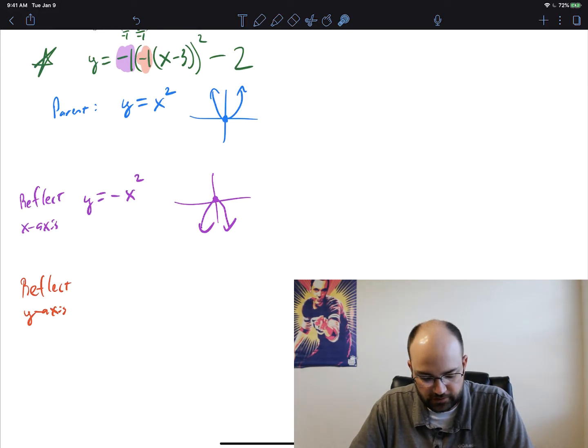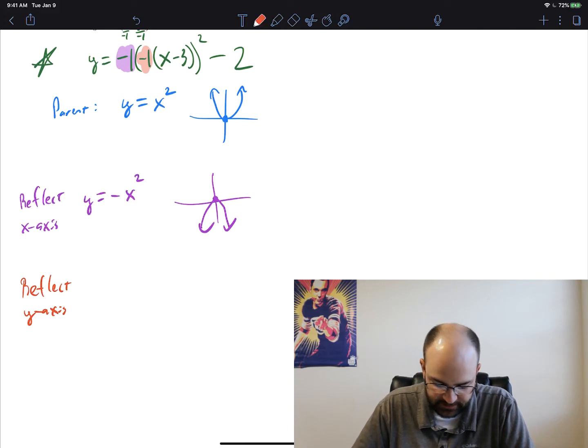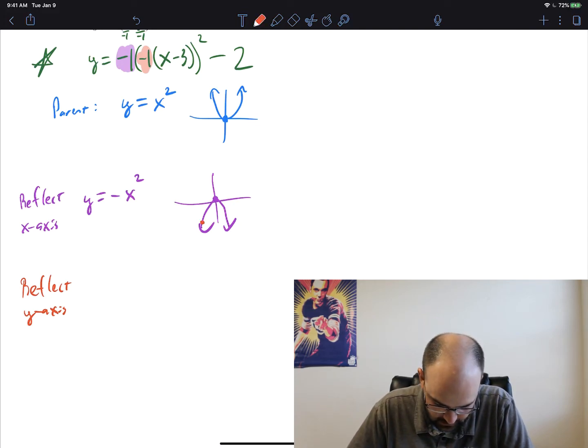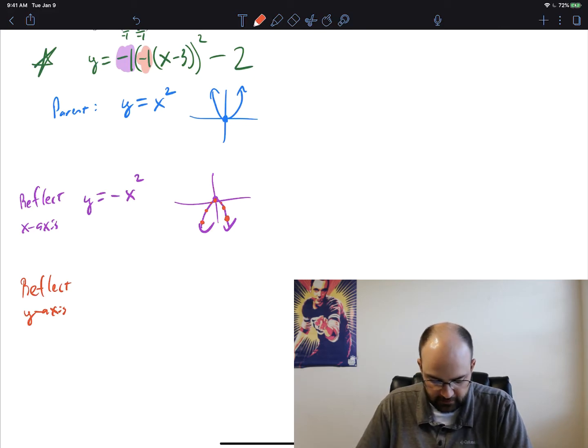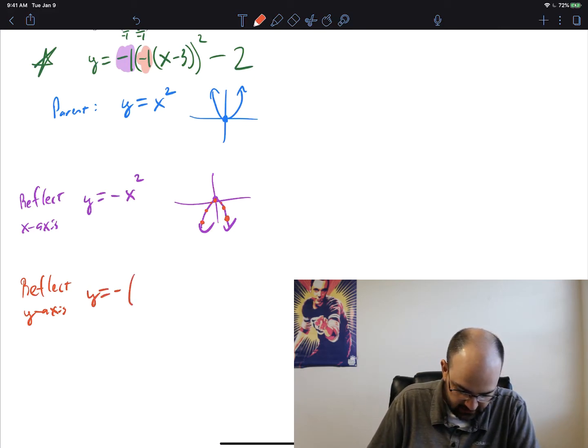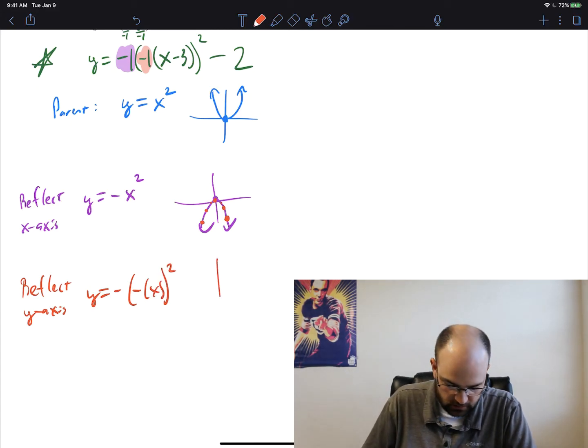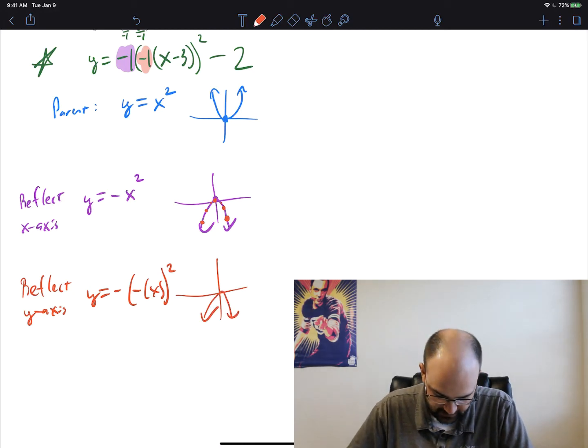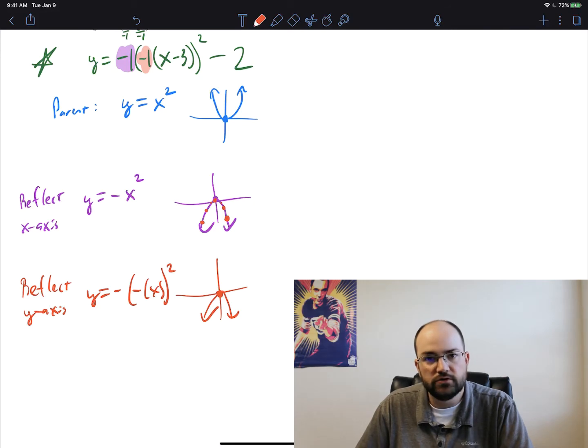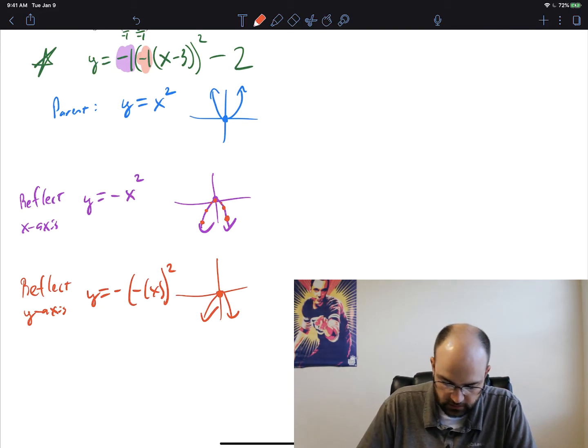It's the opposite, so we're going to do it to the x's, and we're going to divide everything by negative 1. If you have an x value here, it changes to the other side there, and so on and so forth. So believe it or not, y equals negative x squared is the exact same function. It will look something like that, with the vertex still at the origin. Good deal.